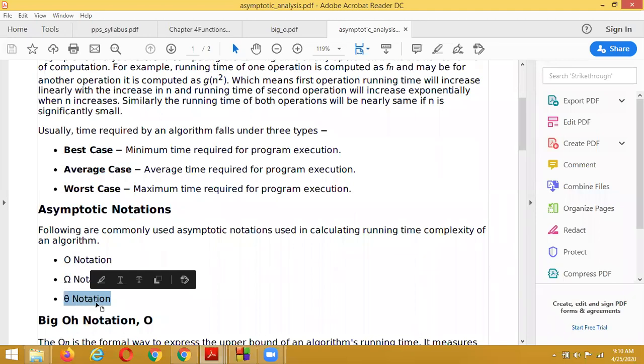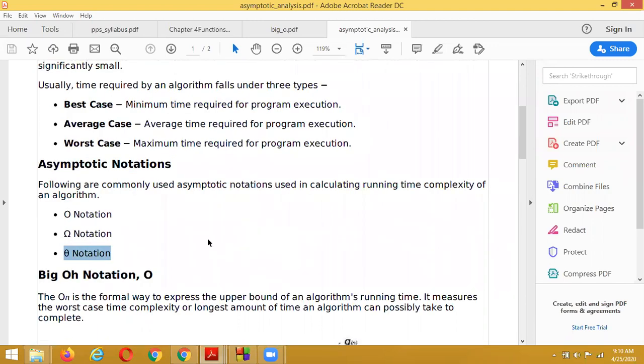Yesterday's class we discussed what is meant by these three notations.